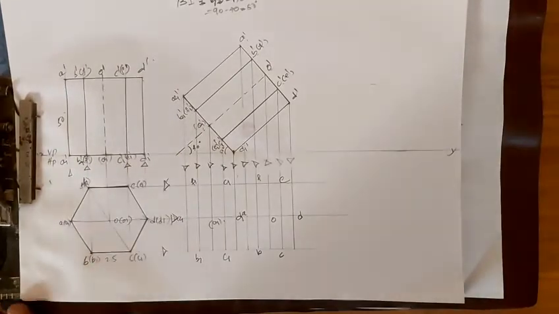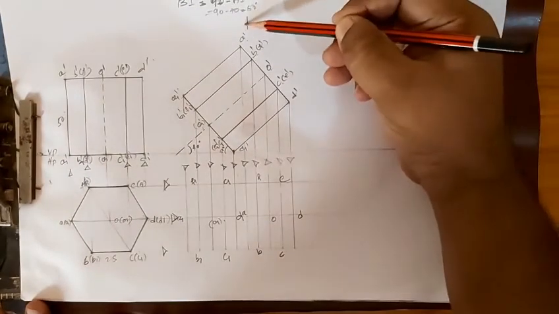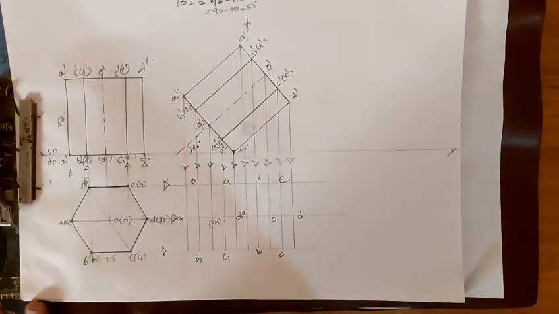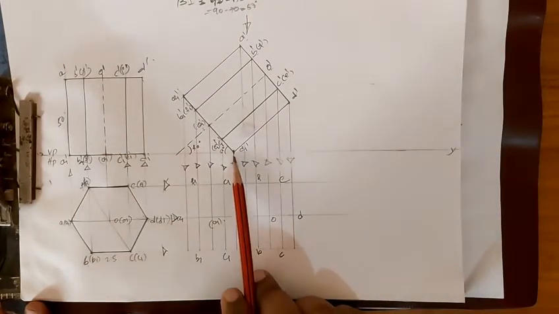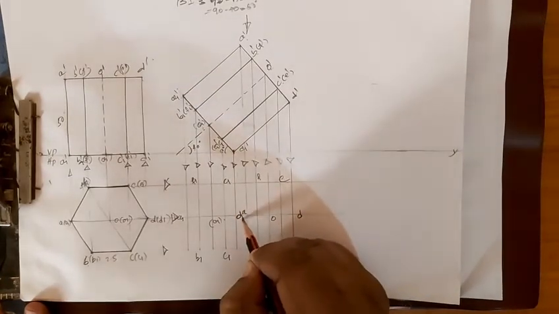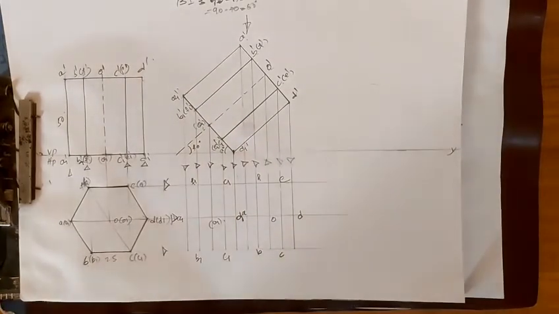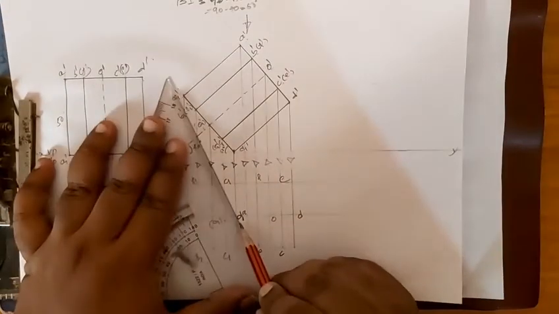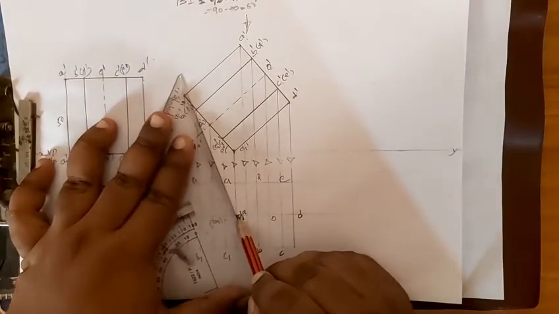Now, when you are viewing from this side, the point which is away from the observer is D1 dash. The lines joining to D1 in the top view are dash lines. D1 is joining with C1.